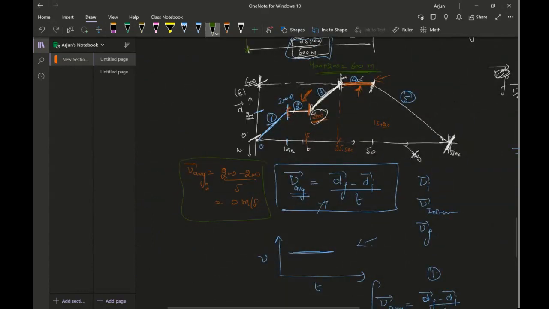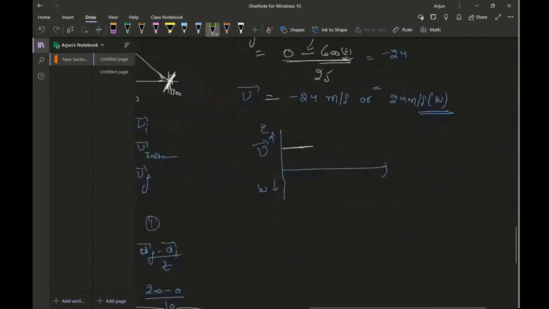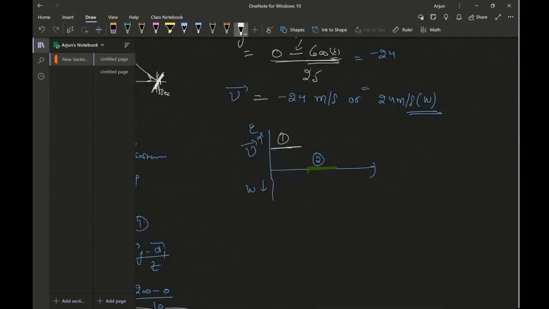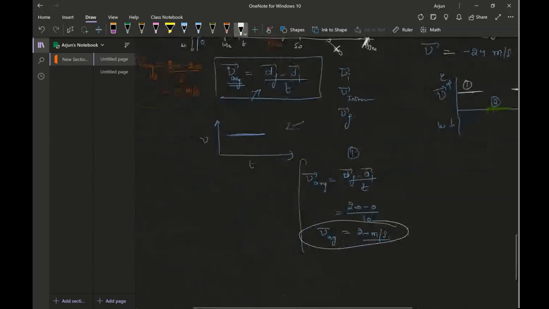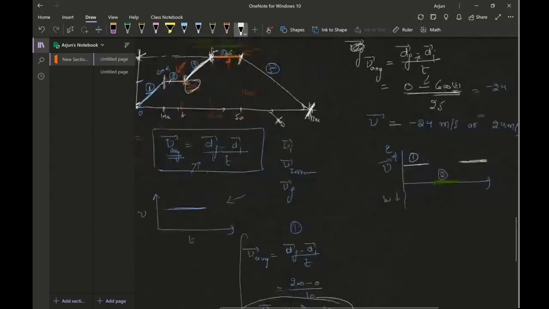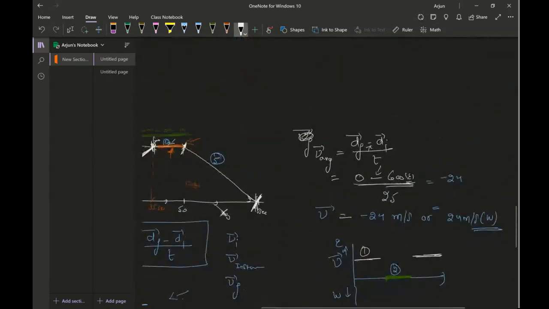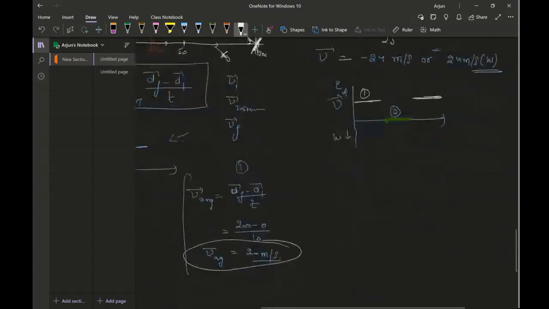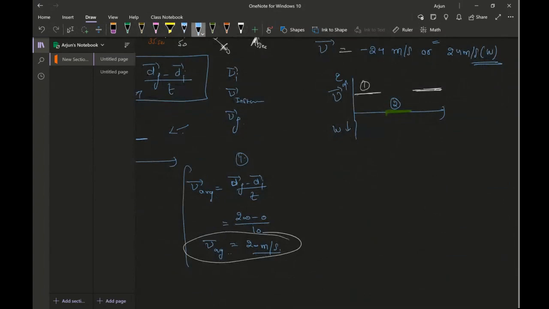So I will mark it on the graph down here. This is for section 2. So this is section 1, this is section 2. Then for section 3, again it was 20 meters per second and positive, so I'll draw it down here. So that was for section 3. And then for section 4, I have to extend my graph.